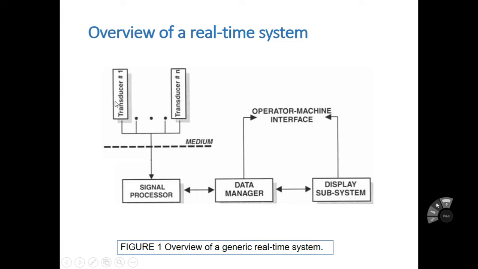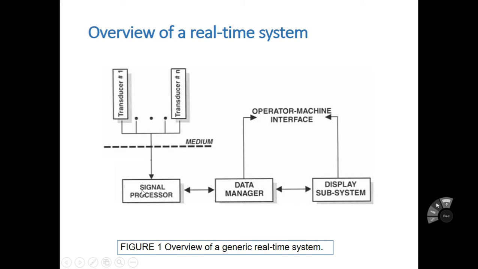Here is the transducer, or a multiple array of sensors or transducers. The multiple array consists of an array of sensors and transducers, like an antenna, which transmits the signal to the signal processor.